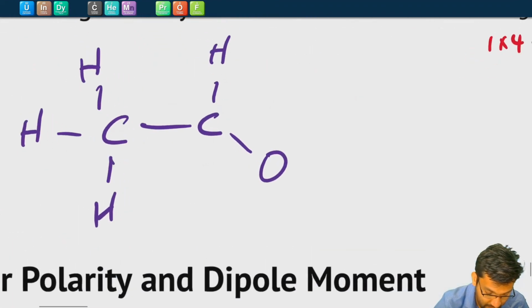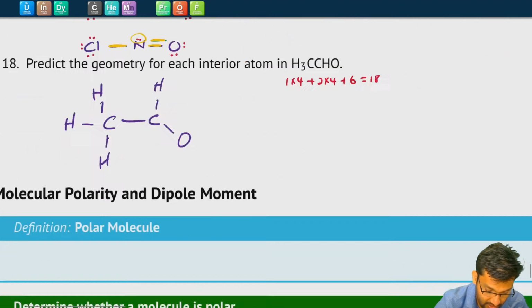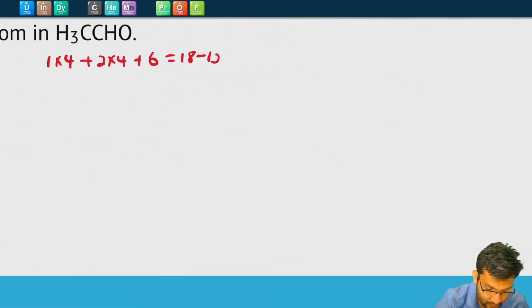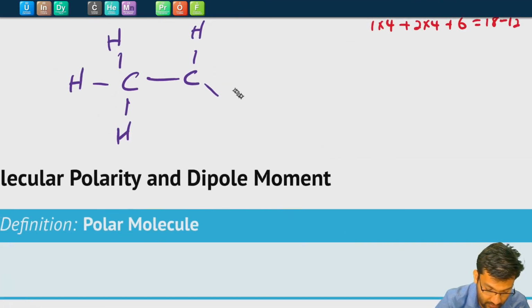How many bonds do we have? 1, 2, 3, 4, 5, 6 bonds, so that's 12 electrons. So let's minus 12. So that means we need to consider 6 more valence electrons. Well, let's give those to oxygen, because it's the most electronegative element here.